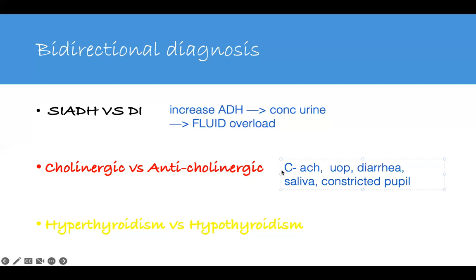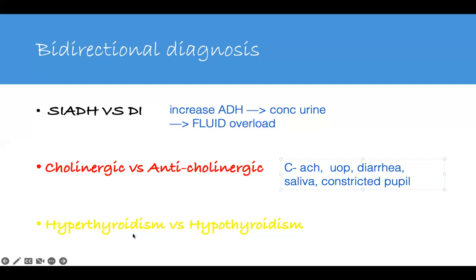I don't want to keep on listing the symptoms. You can list whatever symptoms you want, but these are cholinergic. Therefore, if they ask me about something anticholinergic, a medication that has an anticholinergic effect like TCA, and I know cholinergic, I just list them and then rewrite them in the opposite way by bi-directional thinking.